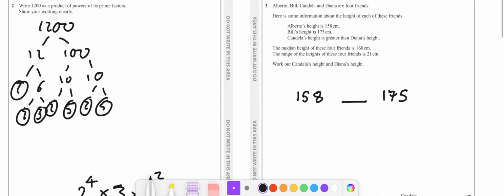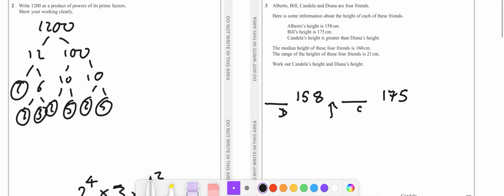And the range is 21, means that if the median is going to be there, therefore there needs to be another one here. And Candela's height is greater than, so this is Candela and this is Diana.